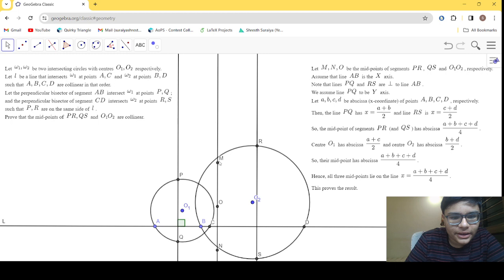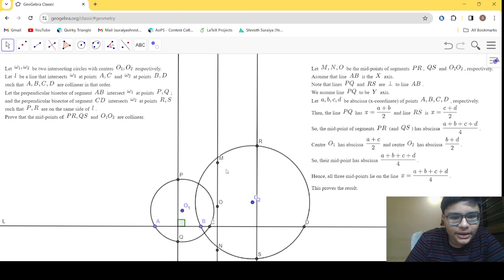So M has abscissa (a plus b plus c plus d) divided by 4. I mean, you take the average. So it's very easy. Similarly, Q and S have the same abscissa as P and R. So M and N end up having the same abscissa, (a plus b plus c plus d) upon 4. Okay. Now let's move on to the centers.